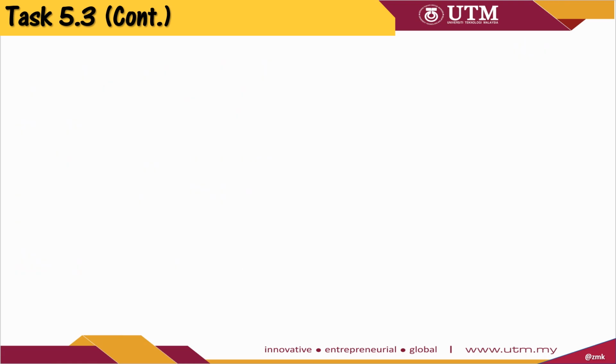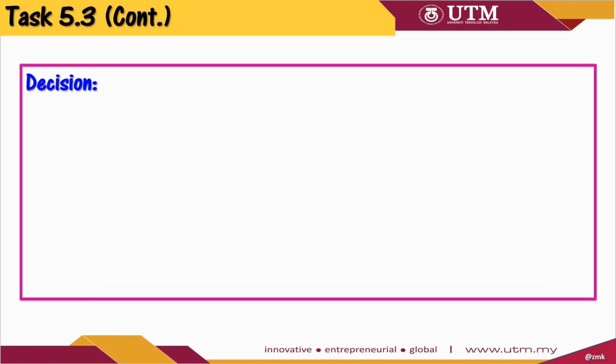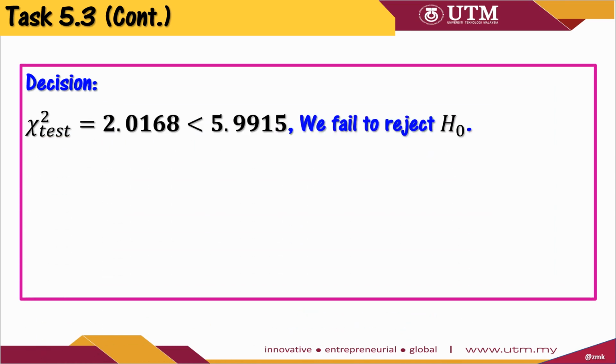Let's look at the decision and conclusion that you can draw for this task 5.3. The decision is, since the chi-squared test statistic value is 2.0168, which is smaller than the critical value 5.9915, we fail to reject H0. What does it mean when we fail to reject H0?